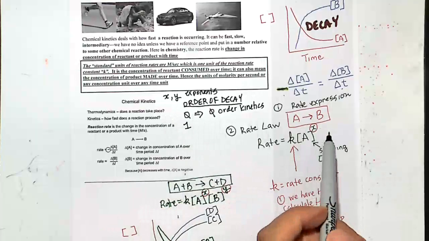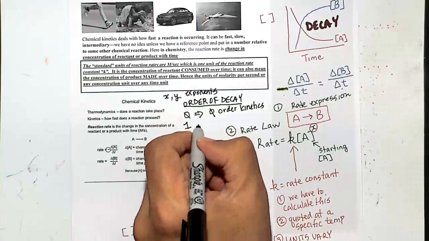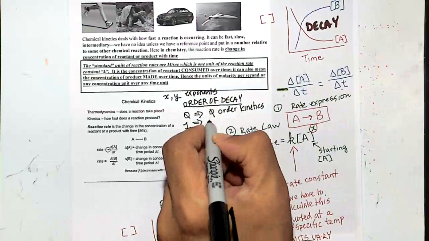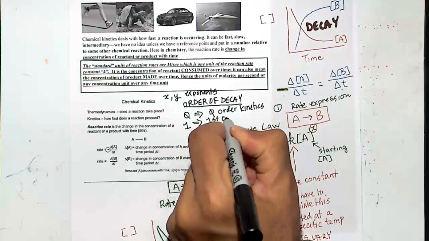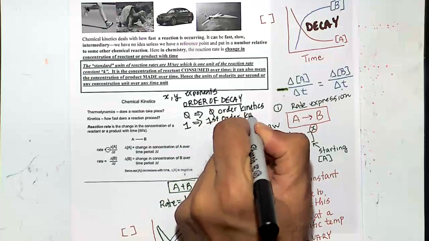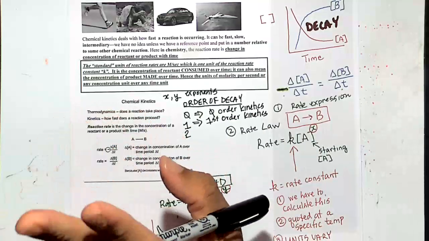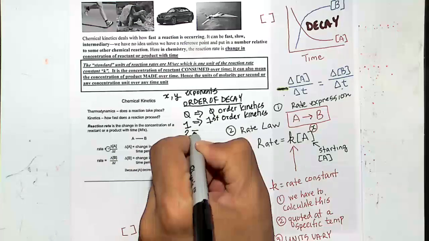Okay, if this exponent is 1, let's say x is 1, A is decaying with first order kinetics. If this y is 1, B is decaying with first order kinetics, with all the different first order equations and first order half-life. And then finally, there are only going to be 3 answers for this.